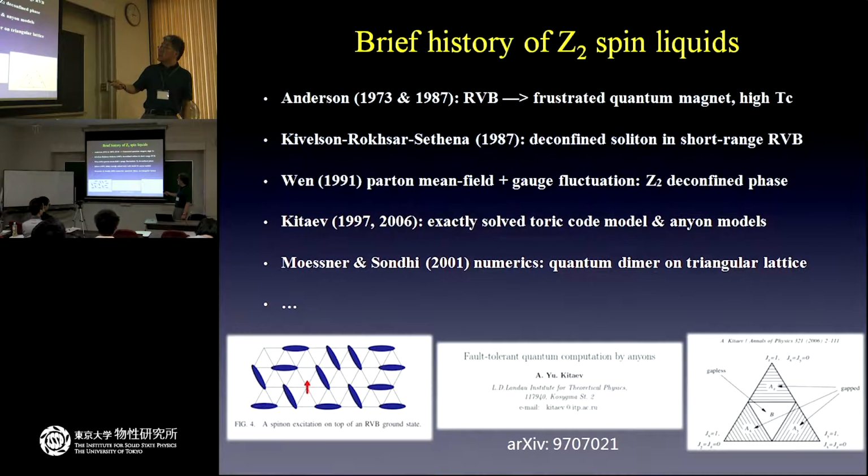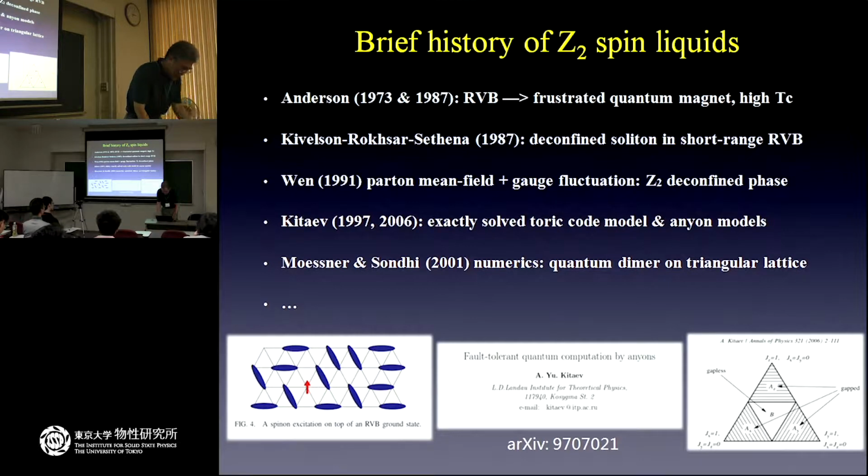After that, Kitaev also proposed a spin-1/2 honeycomb lattice model to get non-abelian Z2 spin liquid states. Another work related to these Z2 spin liquids is the Moessner and Sondhi work in 2001. They used a numerical method to show the quantum dimer model on a triangular lattice can have Z2 quantum spin liquid states.